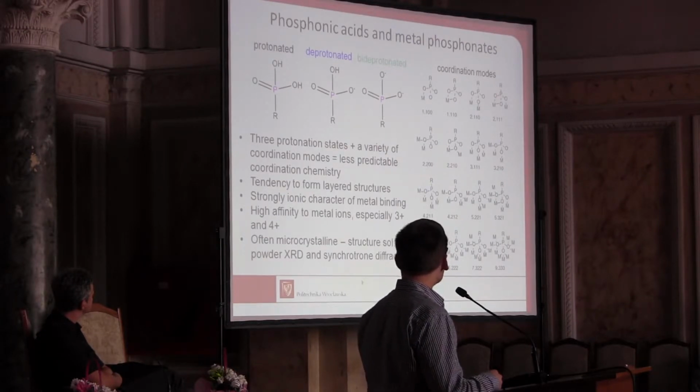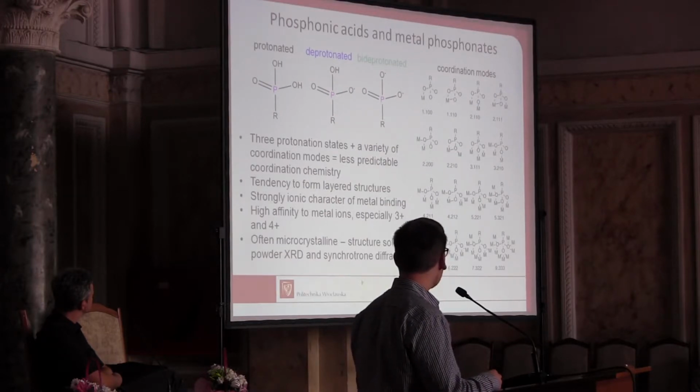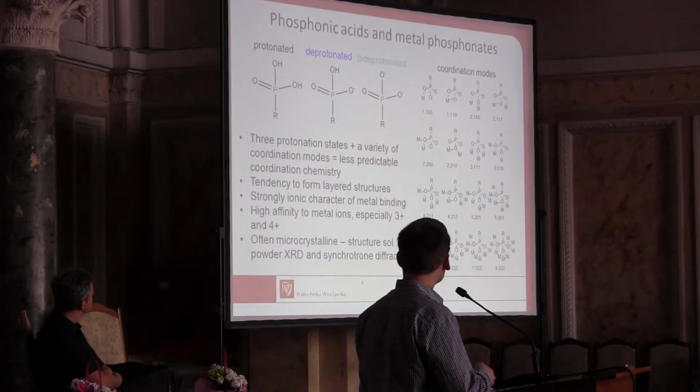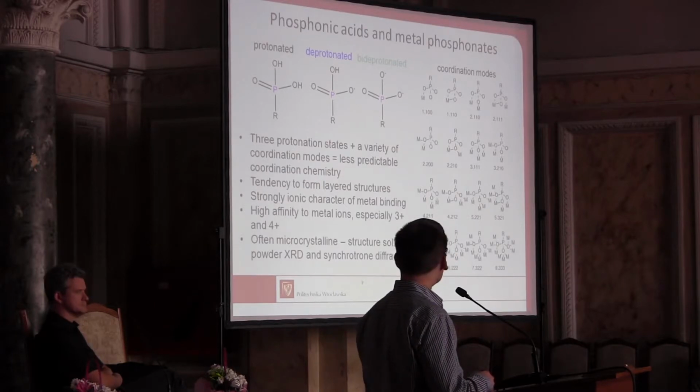Phosphonic acids have 3 forms: protonated, deprotonated, and bideprotonated. Those 3 protonation states, combined with a variety of coordination modes shown to the right, make the coordination chemistry of phosphonic acids quite unpredictable.